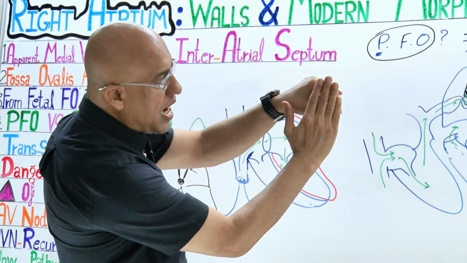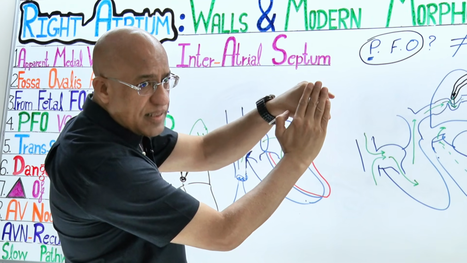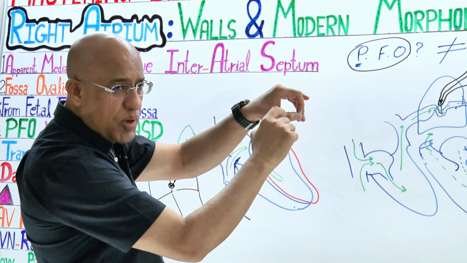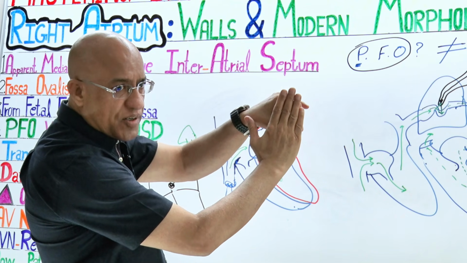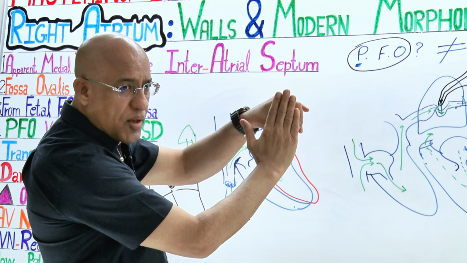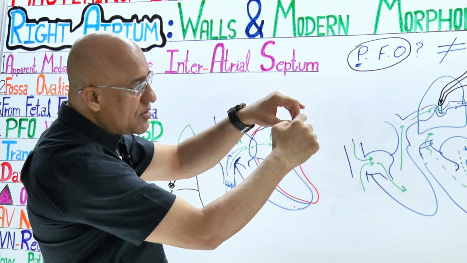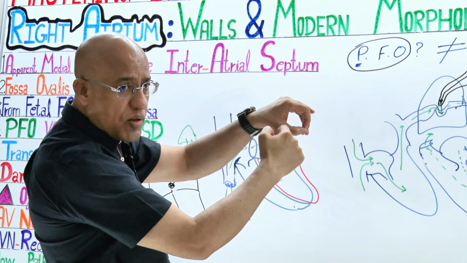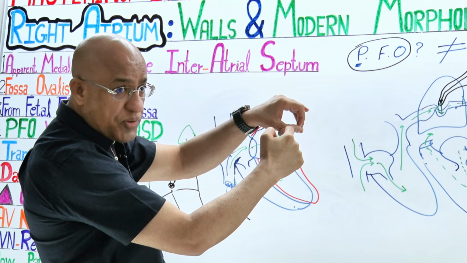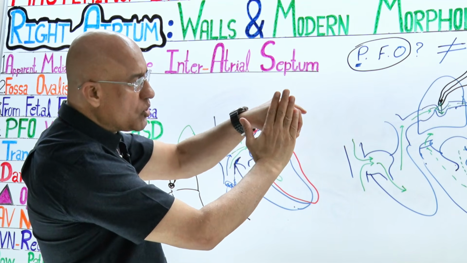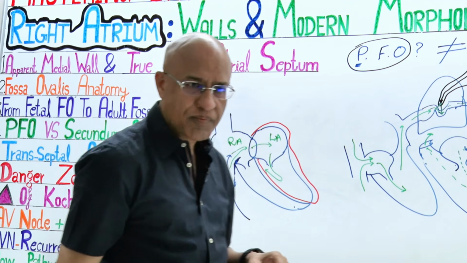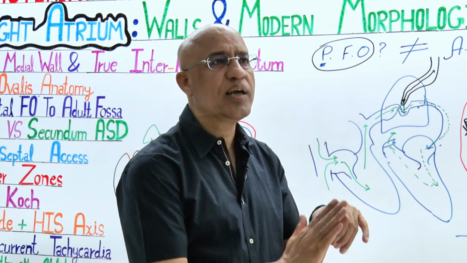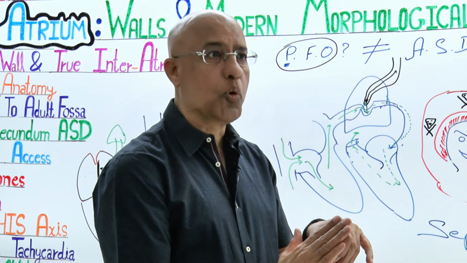Once it is closed, fibrosis will occur, right? The contact point between the septum primum tissue and the tissue bordering the foramen ovale in fetal life, these two tissues will undergo fusion, a biological fibrotic process, and we say that foramen ovale is closed.